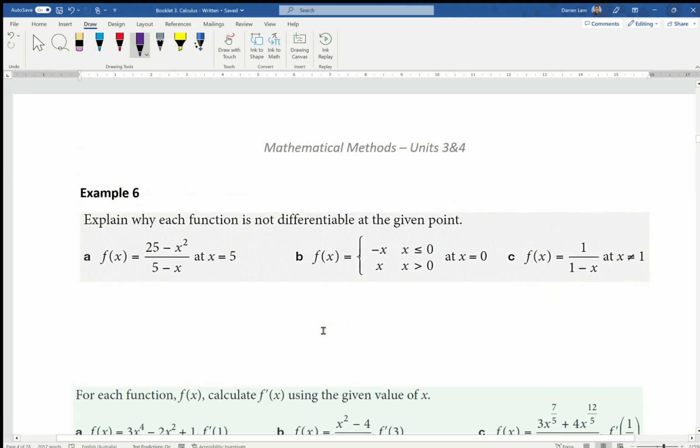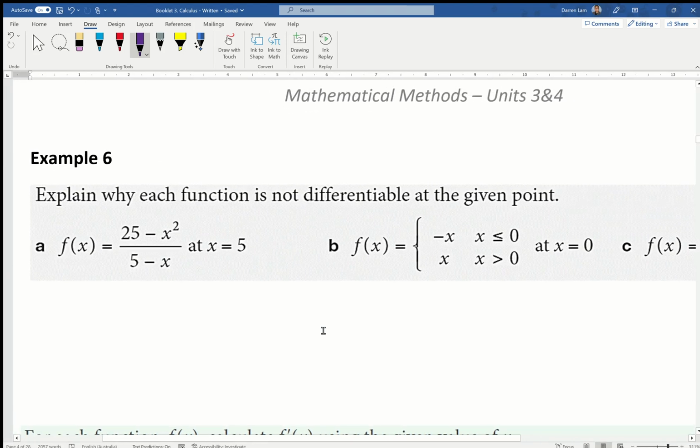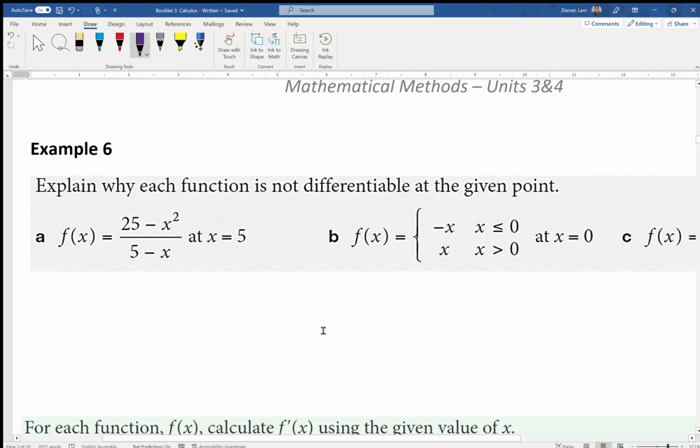In this case, explain why each function is not differentiable at the given point. For the first one, it says f of x equals 25 minus x squared over 5 minus x at x equals 5. Well, x can't equal 5. Of course it can't, right?